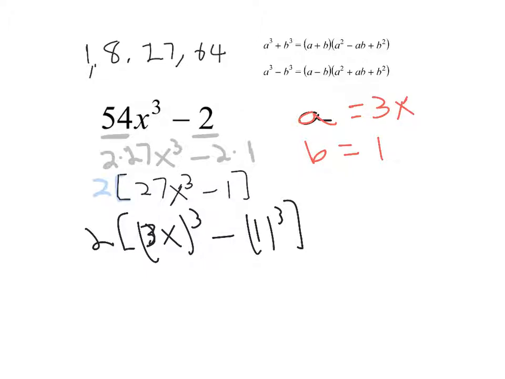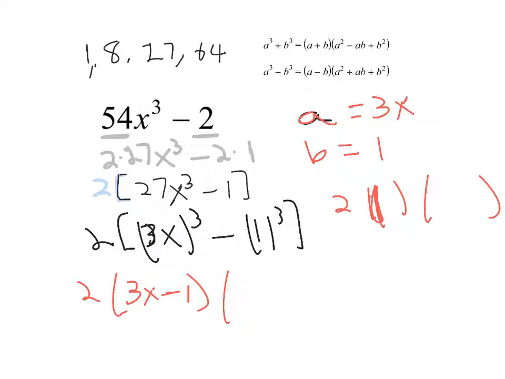It's going to look like this: 2 parentheses and then a larger parenthesis like that at the very end. Now this 2 is coming out and our a minus b will be 3x minus 1.